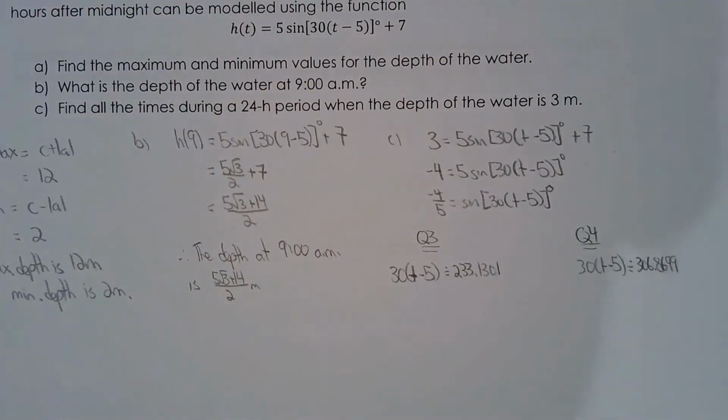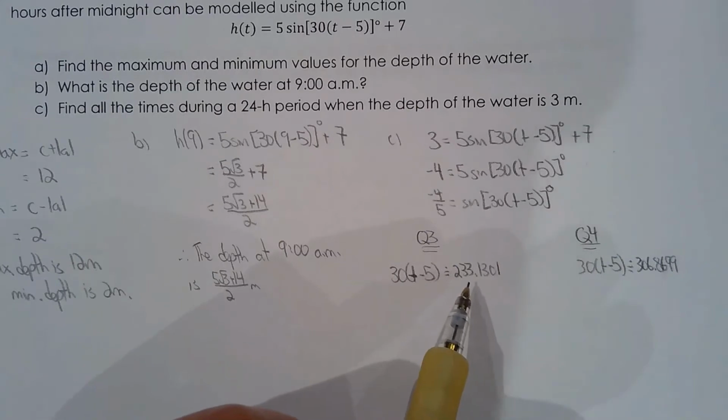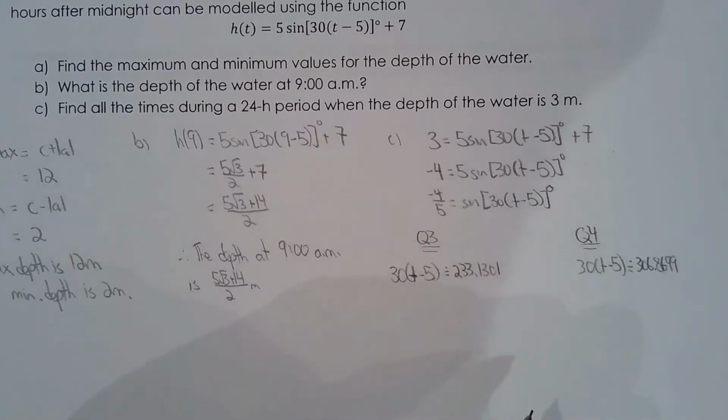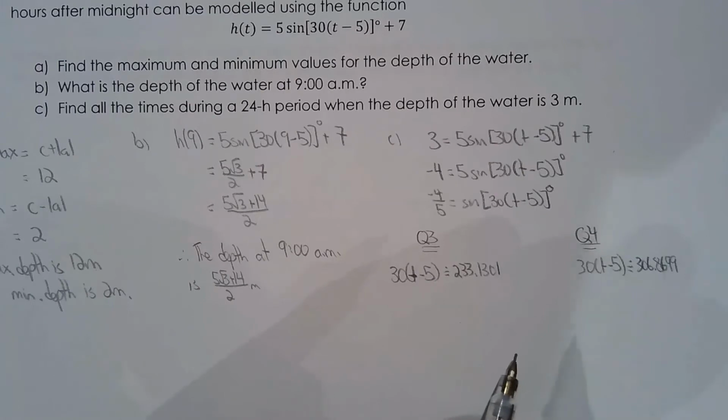But we have to consider, and this is a term we learned in the previous unit, coterminal angles. 233 degrees, approximately, will give me a ratio of negative 0.8, but there are infinite angles that can do that. Anything coterminal to 233 will give me this ratio.